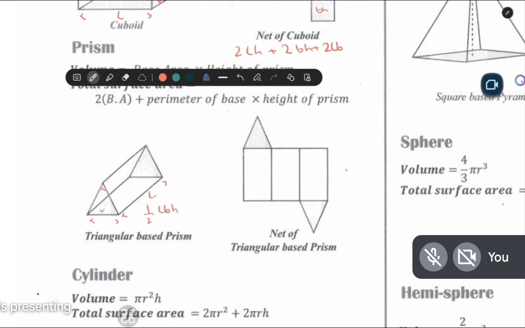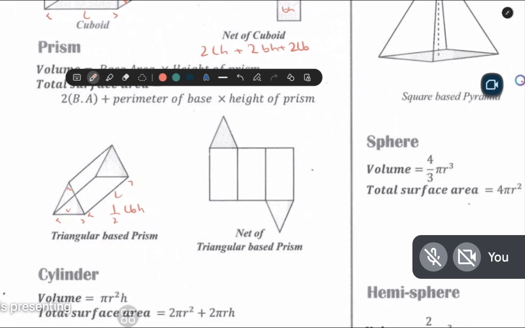Right. So basically, a triangle is somewhat half of a rectangle. So whenever we have the formula for a triangle, we have half base into height. So if we place another one here, it would form a quadrilateral, right?